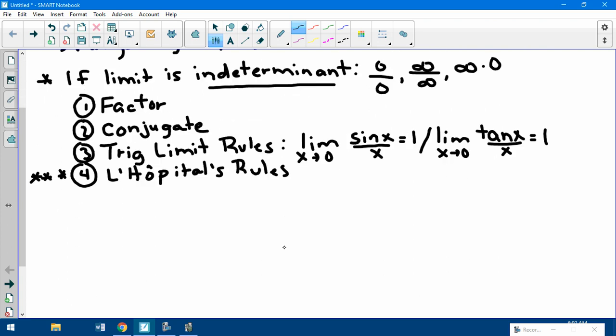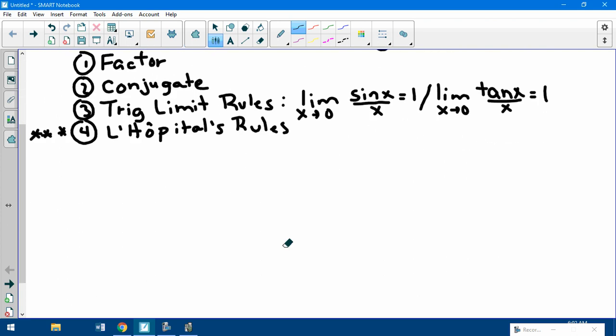So I just want to do a few different examples. Let's start with one of those trig limit ones. If I said the limit as x goes to 0 of sine 5x divided by 3 tangent of 2x.